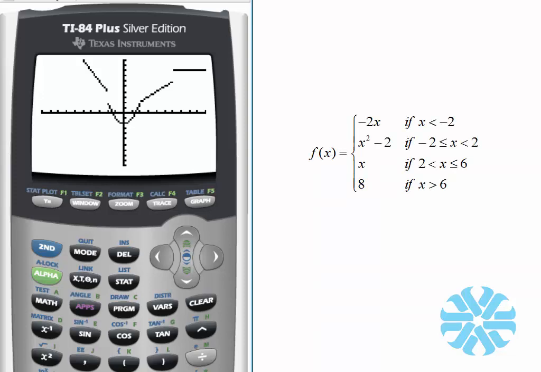Remember, the open circle does not include a particular point on the function, and a solid circle will include the point on the particular function. So take a few seconds here and think where there would be an open circle and where there would be a closed circle.